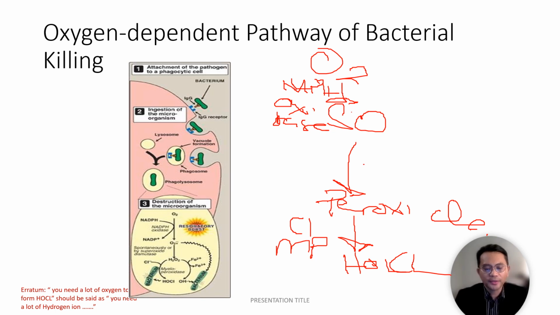Okay, now that's how we produce this very potent bacterial killer in the body. We call it hypochlorous acid. All right, so let's keep going.